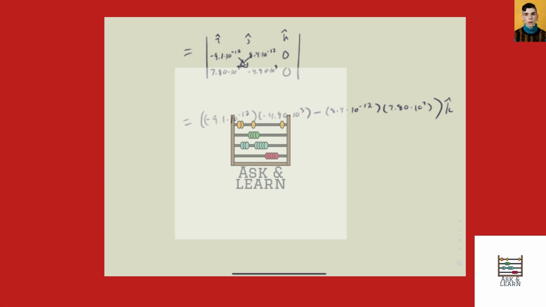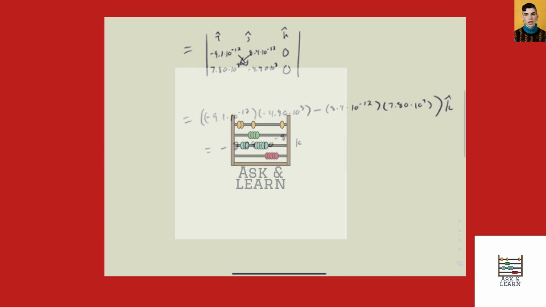So we get something negative. We get minus 2.09 times 10 to the minus 8. And this is in the k hat direction, and we're in torque, so it's newton meters.